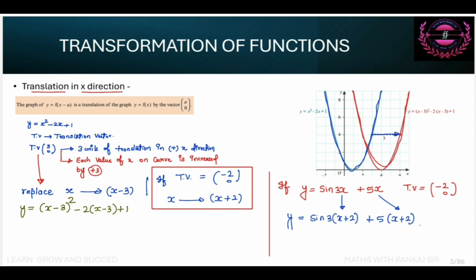Translation in x direction is always performed first. Star mark it. Translation in x direction, let me box it.